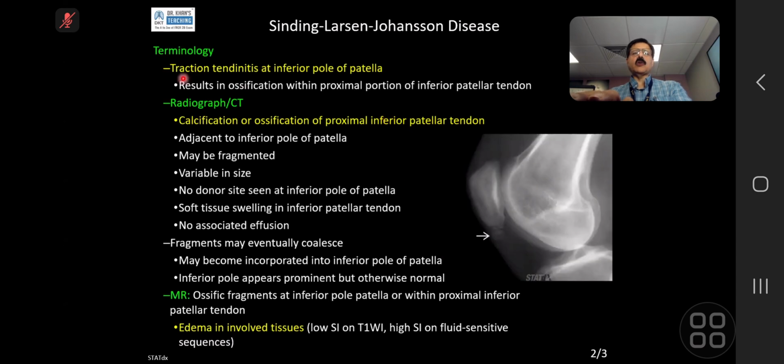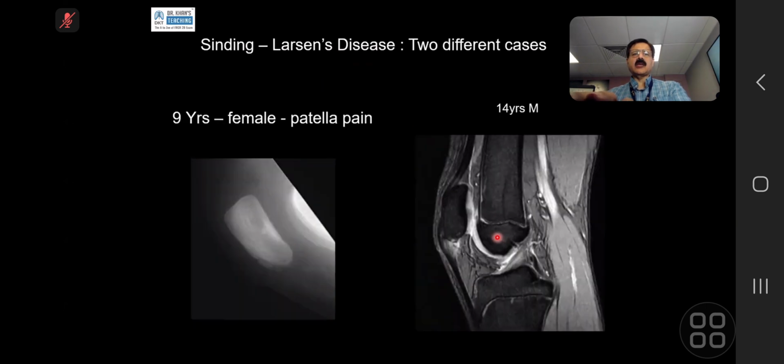So what is this? This is traction tendinitis at the inferior pole of the patella. And on X-ray or CT, there can be calcification or ossification of the proximal patellar tendon. Actually, this is the patellar tendon which is ossified, which gives you this appearance.